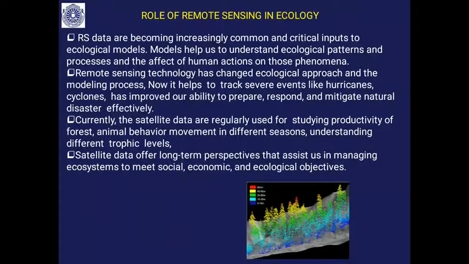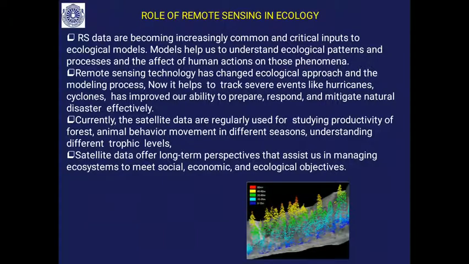Remote sensing technology has changed the ecological approach and the modeling process. Now it helps to track severe events like hurricanes and cyclones, and it has improved our ability to prepare for, respond to, and mitigate natural disasters effectively. All this is with the help of remote sensing technology.